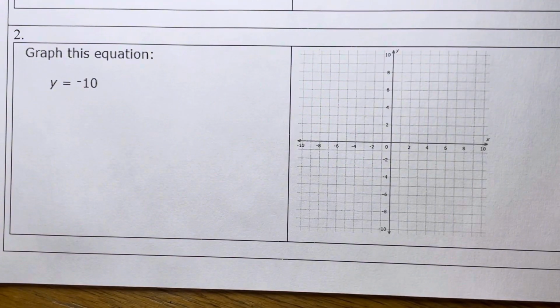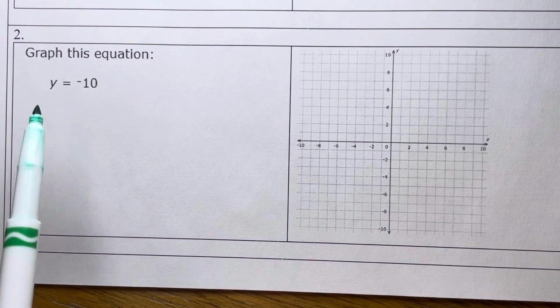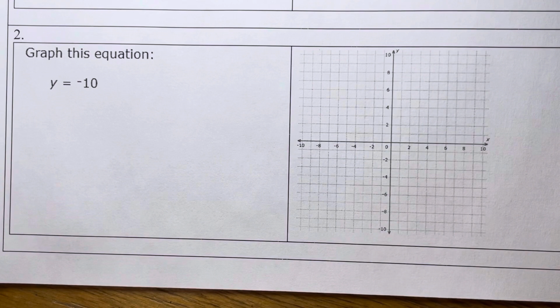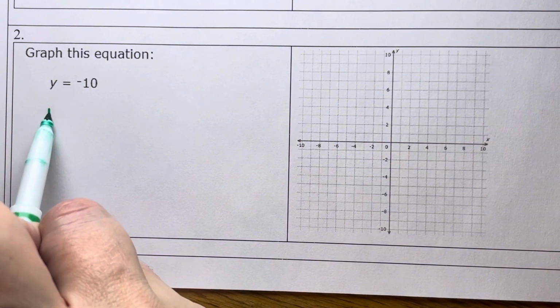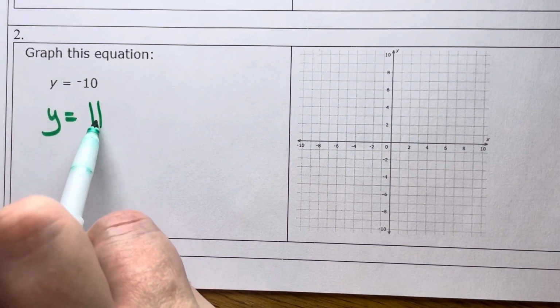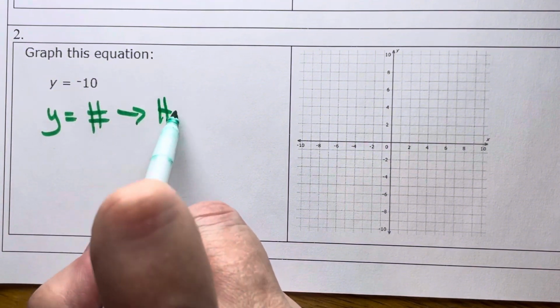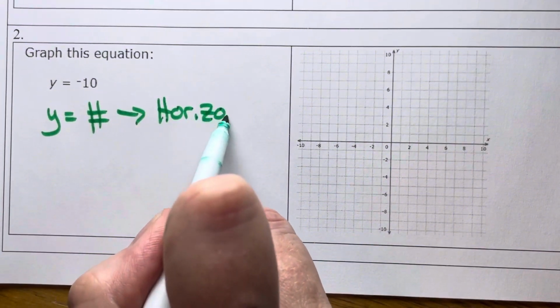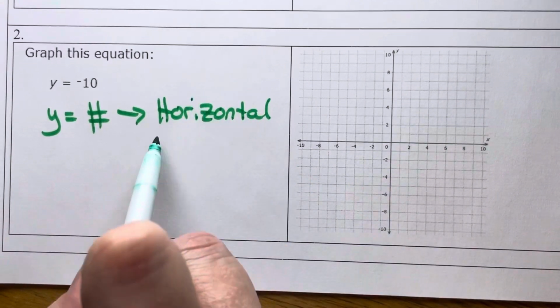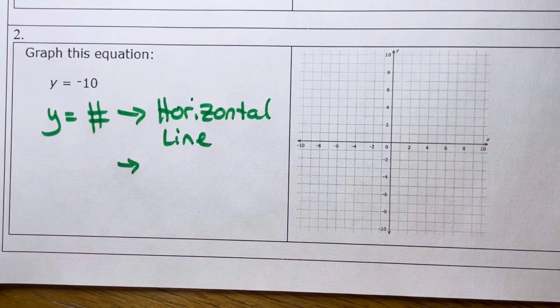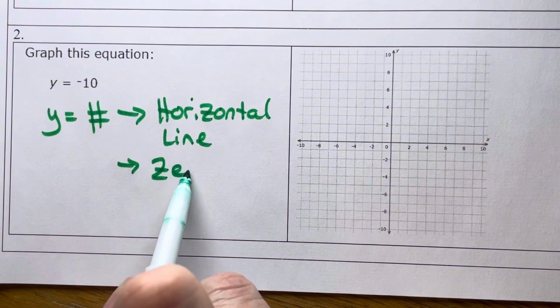Example 2. We are going to graph the equation where y is equal to -10. We learned in the introduction that all equations where y is equal to a number happen to be that of a horizontal line. And we learned in the introduction that all horizontal lines have zero slope.